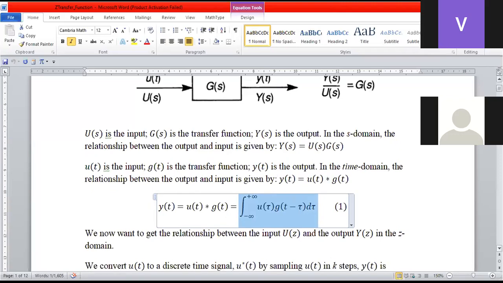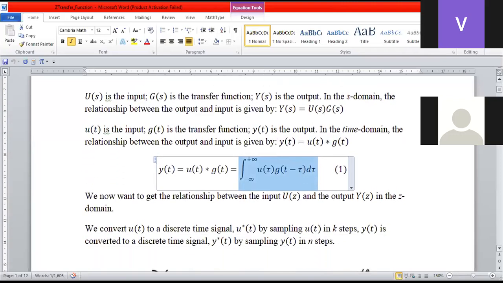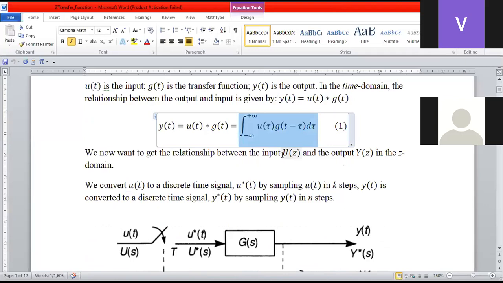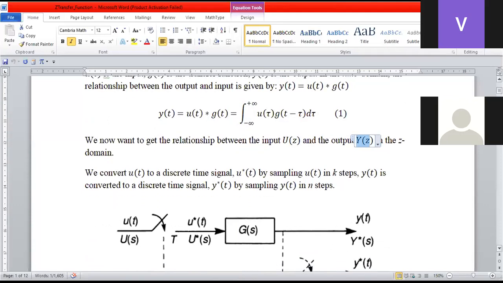For this class, we want to know the relationship between U(z) and Y(z), where U(z) is in the z domain. We want to know the relationship between the input and the output now in the z domain.